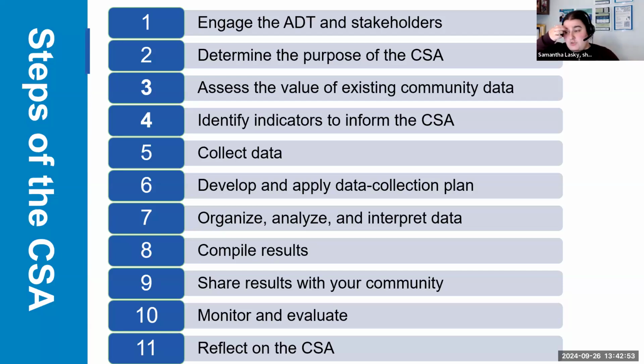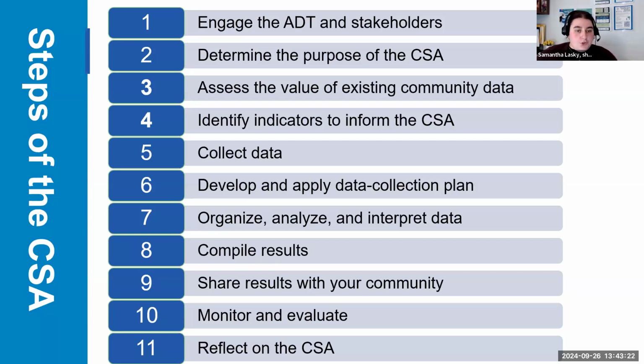So overall, the steps of the CSA are very similar to MAP 1.0 and the community health status assessment, but you're really engaging your assessment design team. ADT is the assessment design team, which is essentially the advisory committee, as I noted earlier, that helps you identify and go through these assessments, along with any relevant stakeholders that will be a part of this status assessment process.